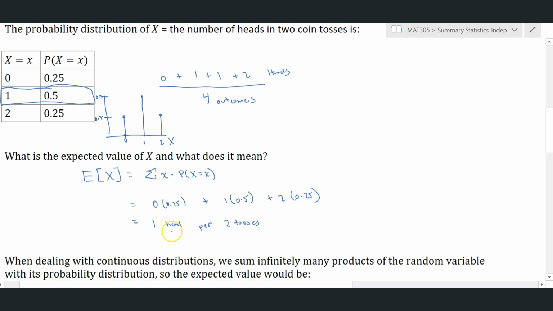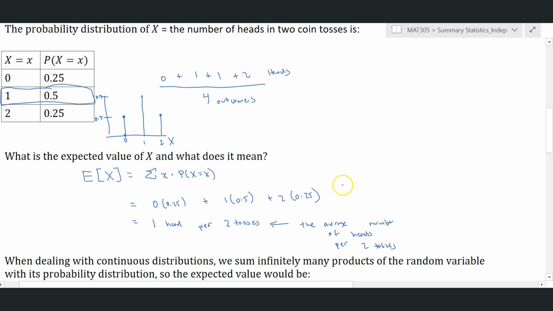So on average, you would expect to get 1 head per 2 tosses. The average number of heads per 2 tosses.